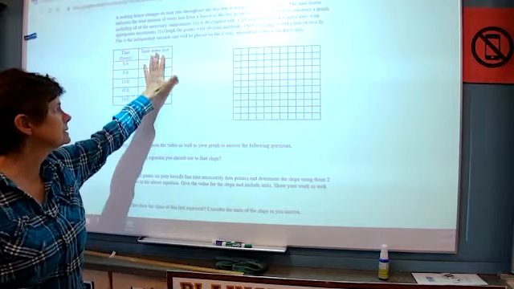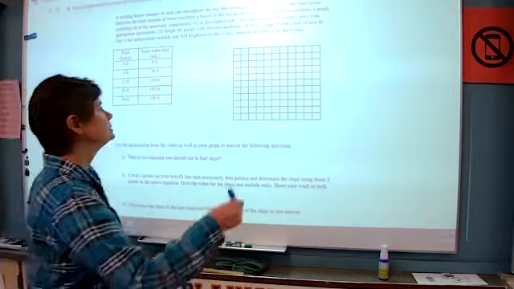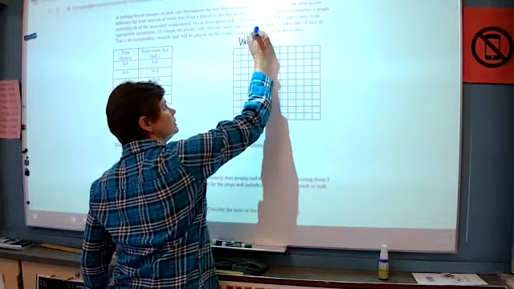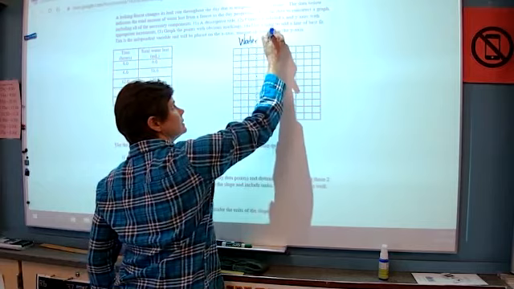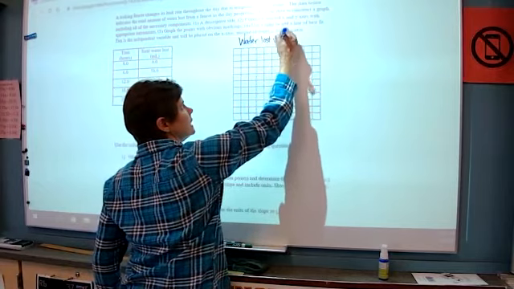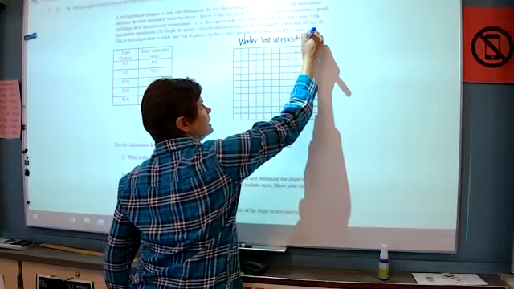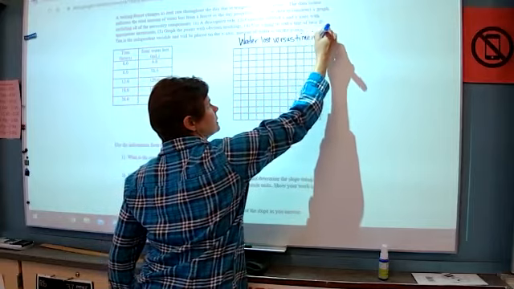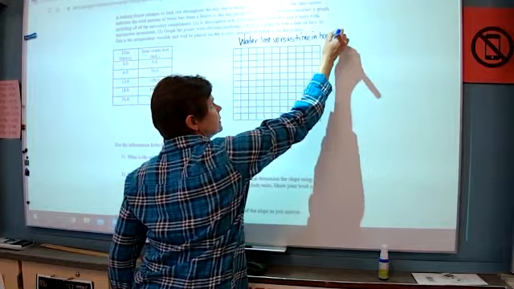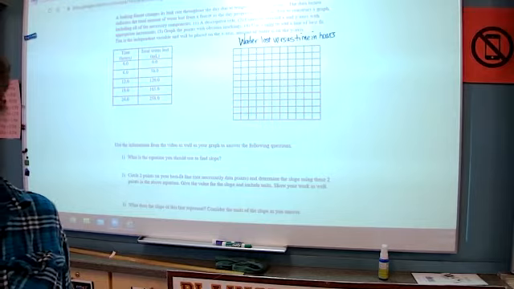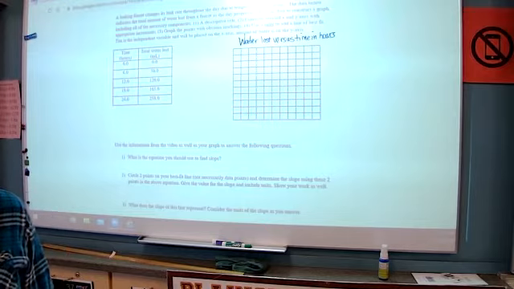Our x-axis is time and our y-axis is water lost. So we're going to choose a title, water lost versus time is a way to do that, or time in hours. So "my graph" or something like that is not an appropriate title, but if you describe the x and y axis, that's a good way to go for titling your graph.